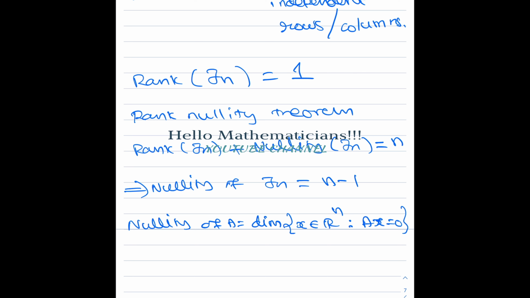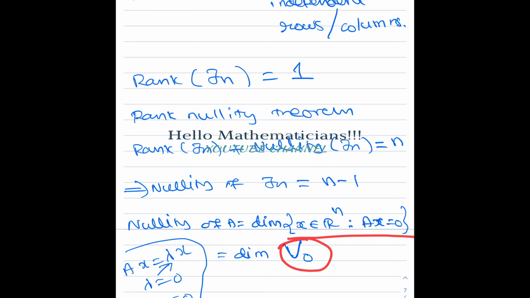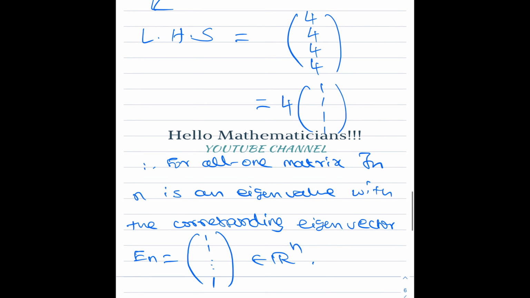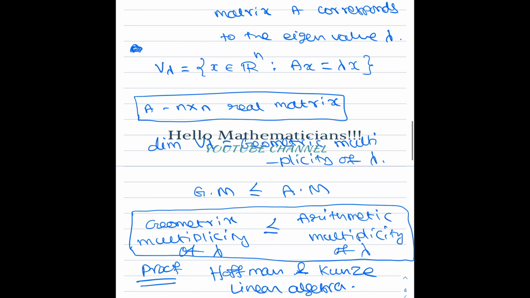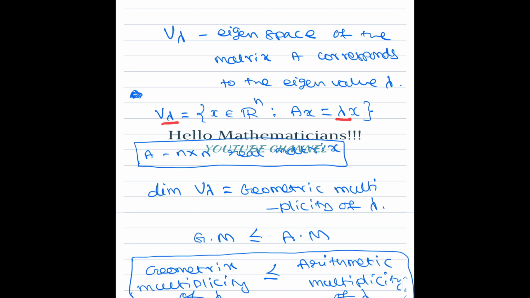But you see this space is nothing but V0, the eigenspace corresponding to the eigenvalue 0. In Ax equal to lambda x, if you put lambda equal to 0, you get Ax equal to 0, right? Therefore this space is nothing but V0. You recollect, we have defined the eigenspace: if it is lambda, lambda will come here.